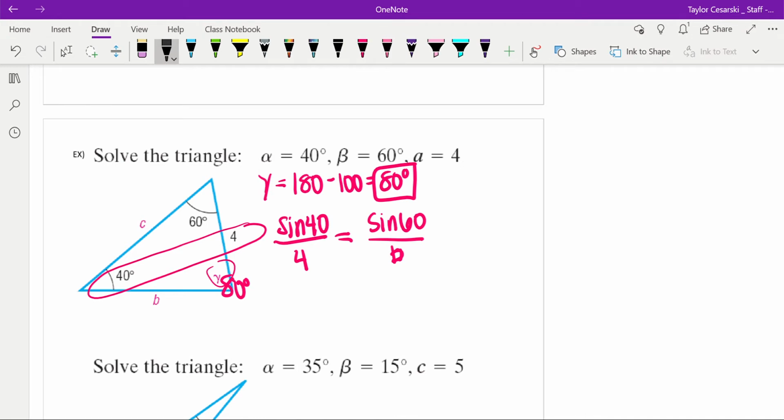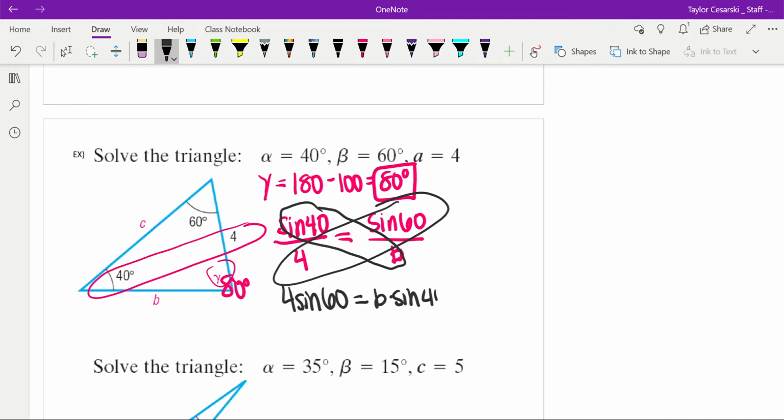Alright, so I'm going to solve for b. How I'm going to do that is just some cross multiplying. So I get 4 sine of 60 equals b times sine of 40. So then last step is divide this by sine of 40.